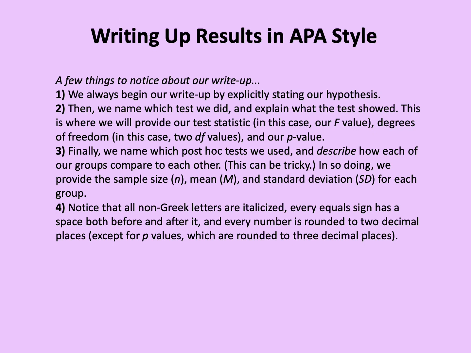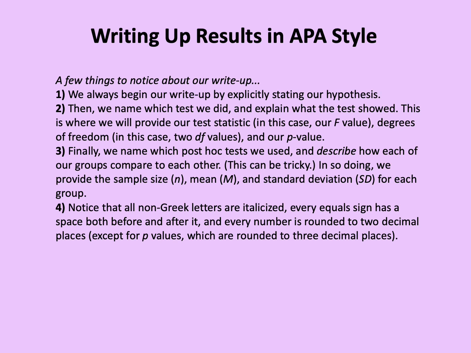And then we talk about our post hoc tests, indicate what kind of post hoc tests we used, and then we describe how each of the groups compare to each other. And when we do that, we report the sample size, the mean, and the standard deviation.